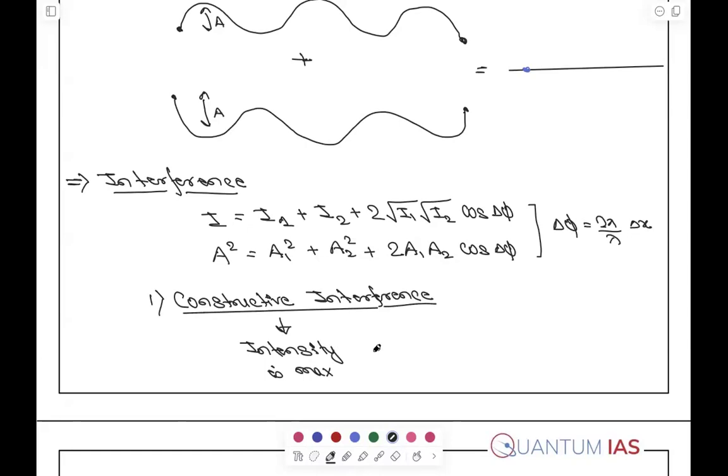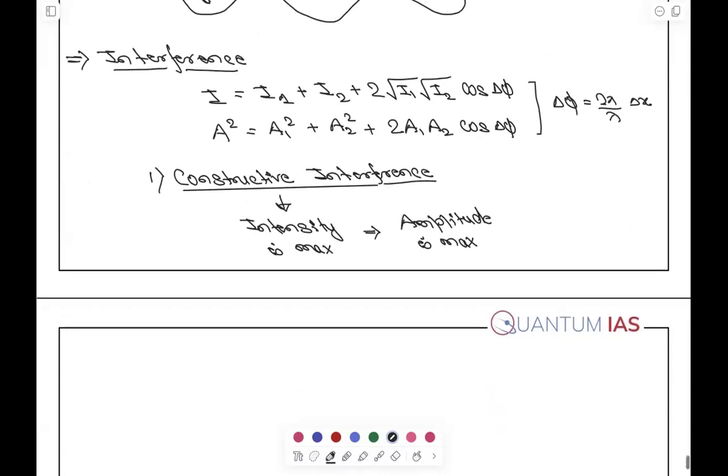When will the intensity be maximum? When the phase difference is 0. Yes, ठीक है. When amplitude is maximum, yes or no? The next point वही लिखूंगा मैं. So amplitude is maximum. Maximum amplitude is what we define as what? Antinode. This maximum amplitude we define as antinode.